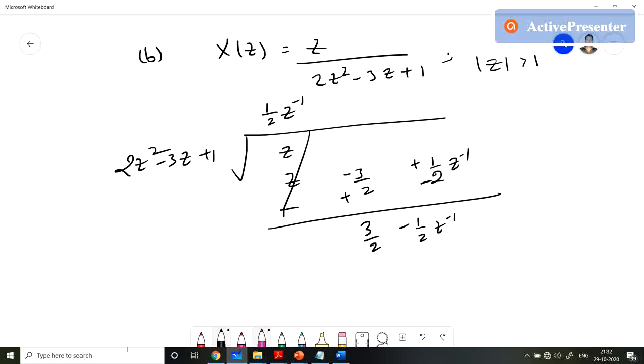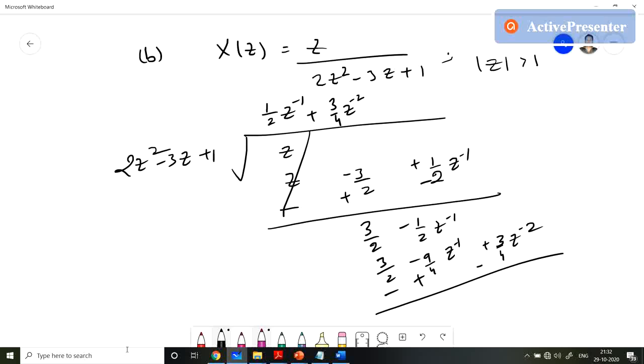Then we multiply by 3 by 4 z raised to the power minus 2, and we get 3 by 2 minus 9 by 4 z raised to the power minus 1 plus 3 by 4 z raised to the power minus 2. This is minus plus minus, and it cancels out. So we get 5 by 4 z raised to the power minus 1 minus 3 by 4 z raised to the power minus 2, and so on. This process will continue.